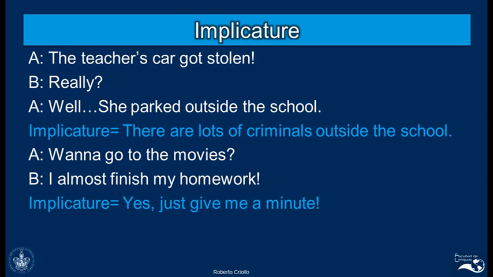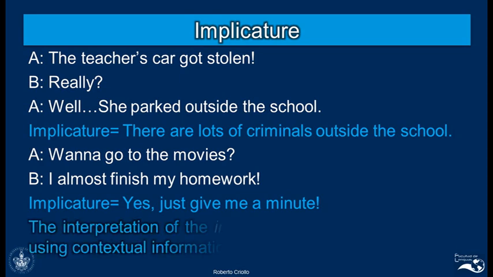So we can see here that the sentences that we have here, from which we drew entailments before, can have a different meaning here, because this meaning is implied. This means that this is the intended meaning according to the information that is shared by the speakers in an interaction.